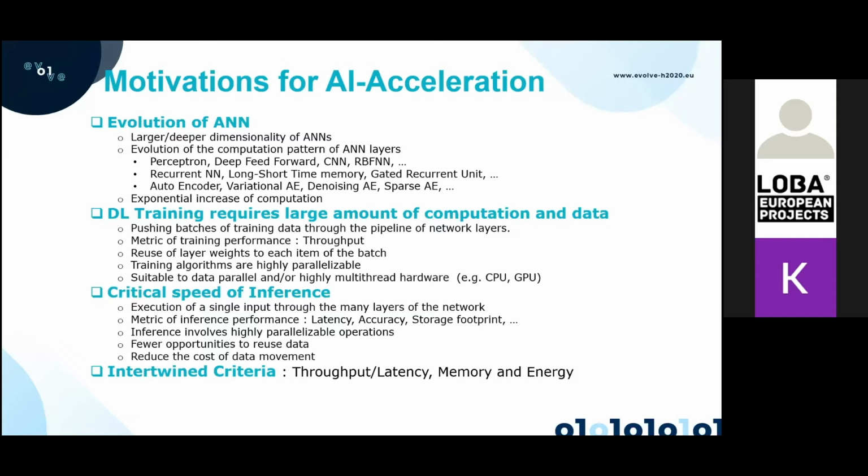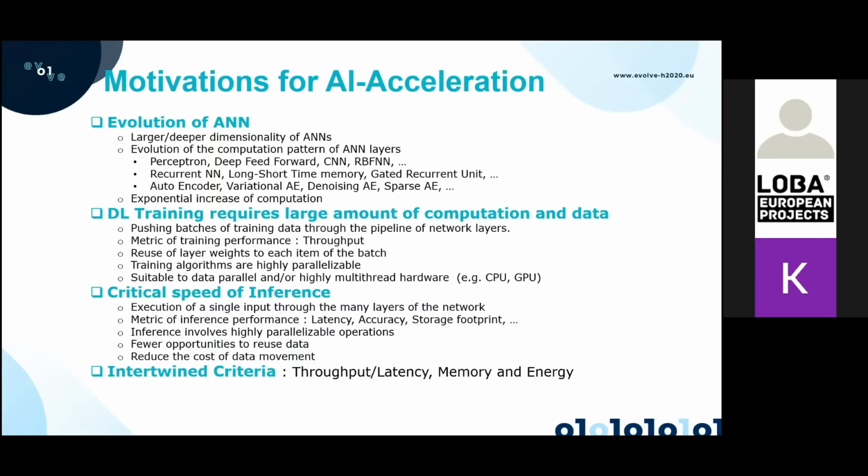When I talk about AI acceleration, it is a keyword used by many people, but with this keyword, in fact, we are only focusing on the acceleration of artificial neural networks. It is a very small subtopic of AI.